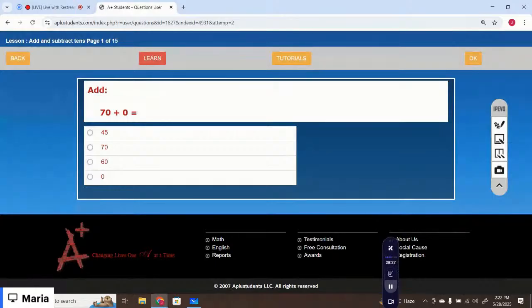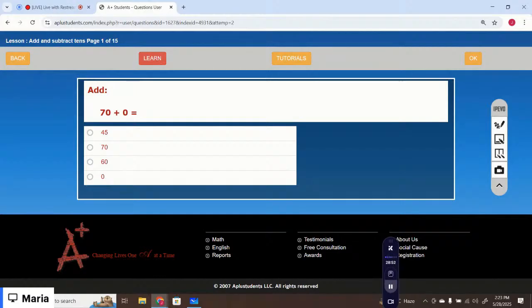70 plus 0. So adding 0 to any number means the number stays the same.